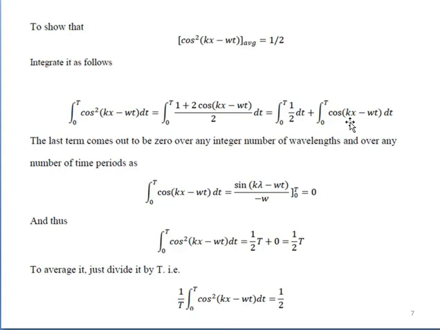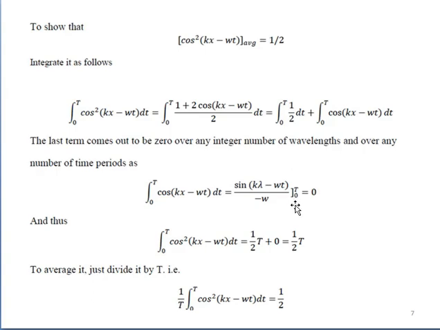And similarly the time should be taken as 1 T, 2 T, or any number of time periods. Over here we are just taking one time period. So the integral from 0 to T of cos of kx minus omega t: the integral of cos is sine, so this is sine of kx minus omega t, where I put a value of 1 wavelength in x, divided by minus omega.